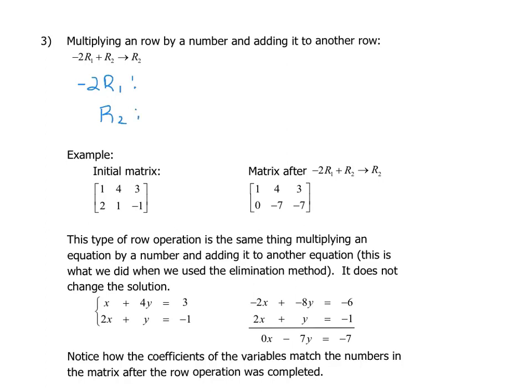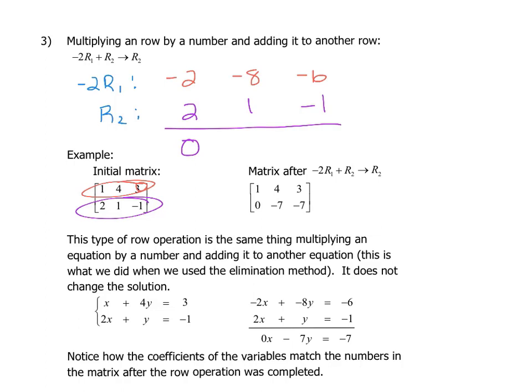If we are multiplying -2 times row 1, there's my row 1, so -2 times 1 gives me -2, -2 times 4 gives me -8, -2 times 3 gives me -6, and I'm adding this to my row 2. Here's my row 2. Row 2 is 2, 1, -1. When I add those two rows together, I get 0, -7, -7, and this is what I have in my new row 2.